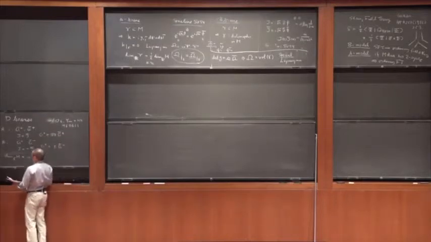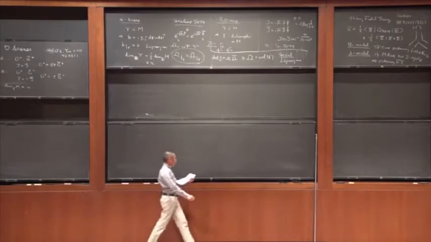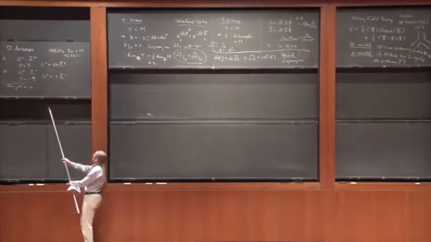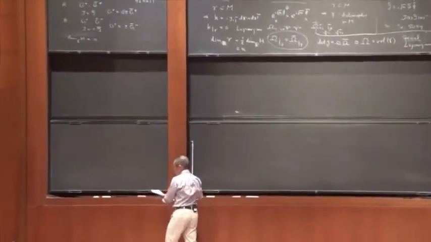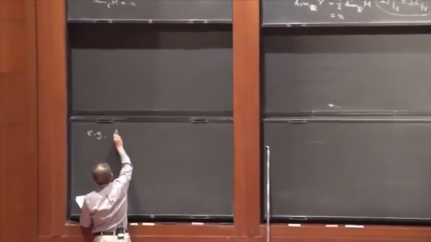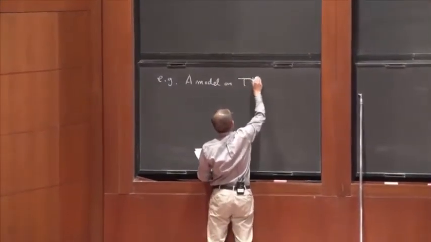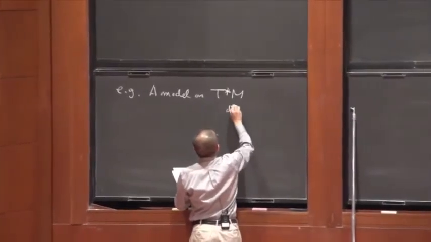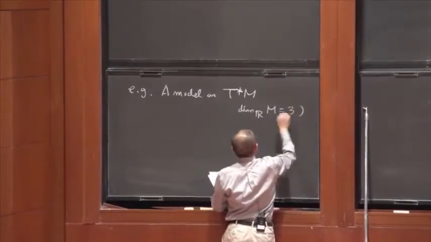So let's consider, say, the A model on the cotangent space of some 3-dimensional manifold. So let me get back to the case when the complex dimension of the Calabi-Yau is 3. So let's consider the A model on the cotangent space of some manifold M, where the real dimension of M is 3.